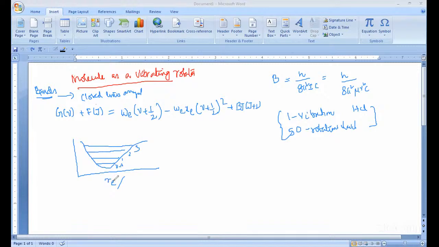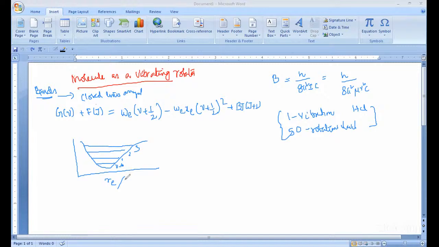This is the equilibrium internuclear separation r_e. We find the shape of this potential curve in this manner. As the nu value increases, initially 0, then 1, 2, 3, the equilibrium internuclear separation r_e, and hence the moment of inertia of the molecule, also increases.